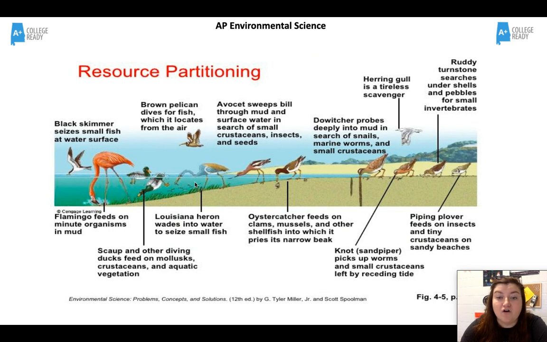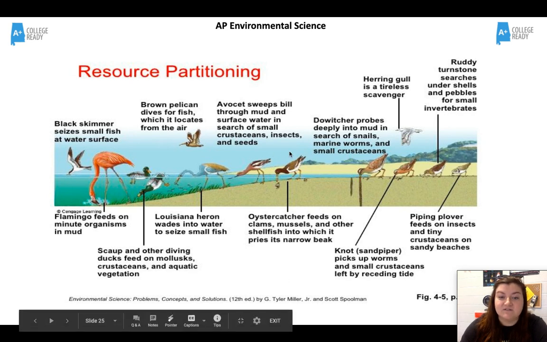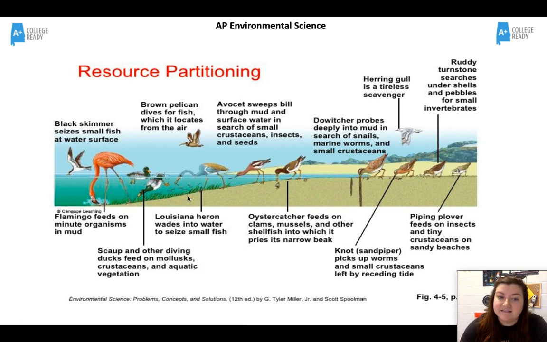In this case, you've got all these birds that utilize this aquatic area, or this beach, for their food sources. And so you can see you've got different types of birds that spend their time in different parts of the beach. So the oystercatchers over here eating clams and mussels and other shellfish, while the heron is going a little bit deeper and eating some of these small fish. But then you've got flamingos that go down all the way because they've got those long legs.